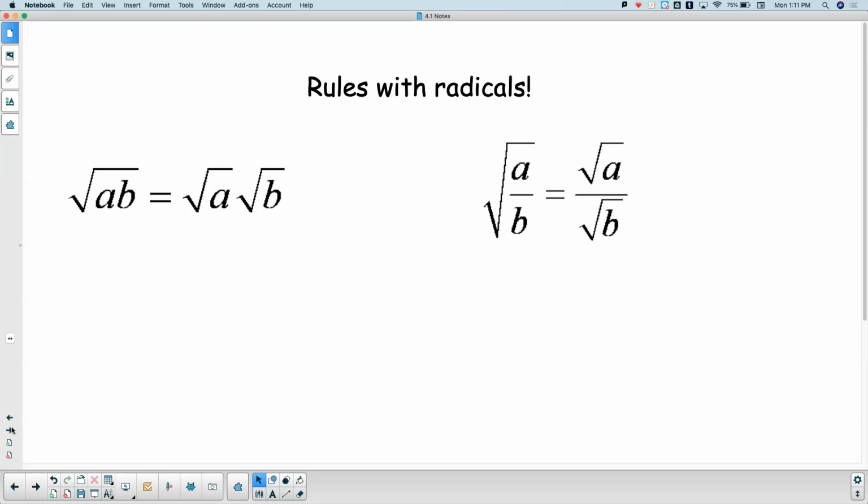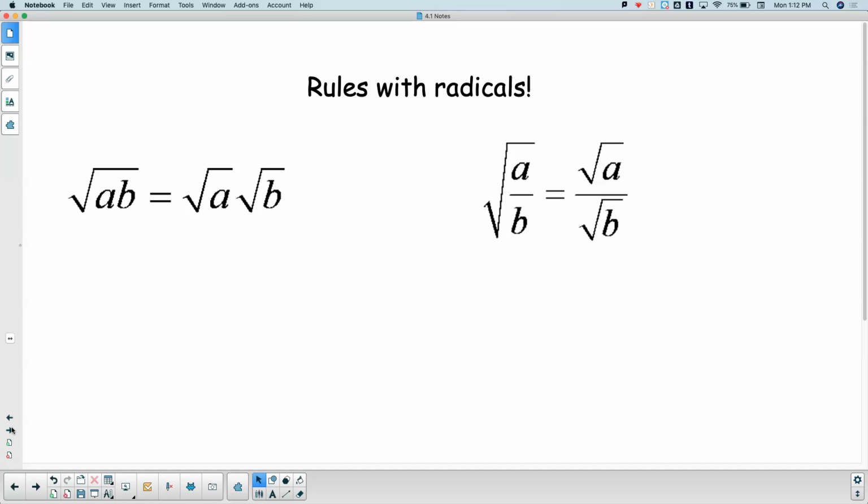Both of these rules work in both directions. The majority of the time, you're going to use the left one going to the right, but very often you're going to use it going to the left. We'll show both of those today.